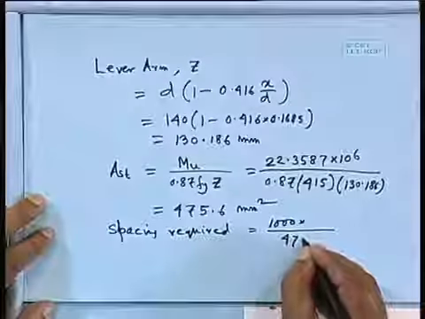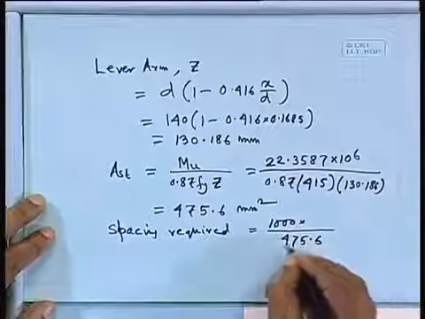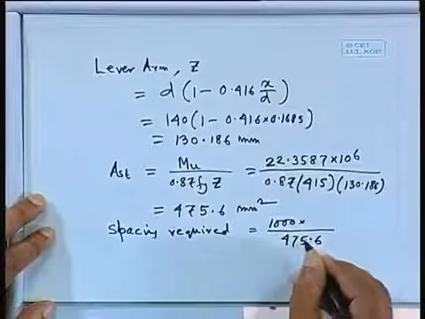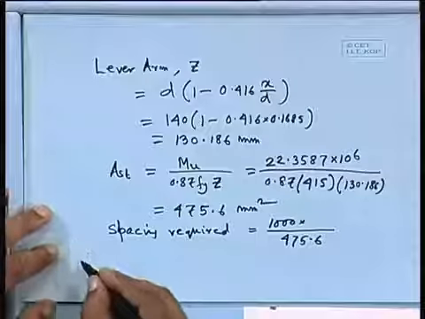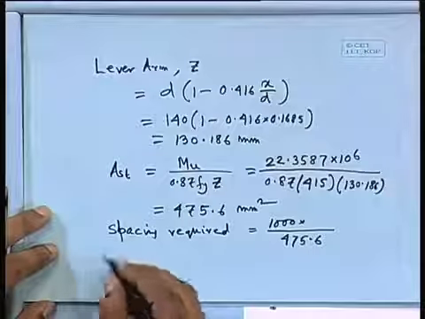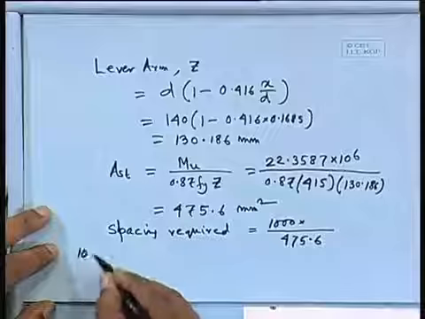So, how many bars do we require? 475.6 is the area of steel. For an individual bar, let us take say 10 millimeter.